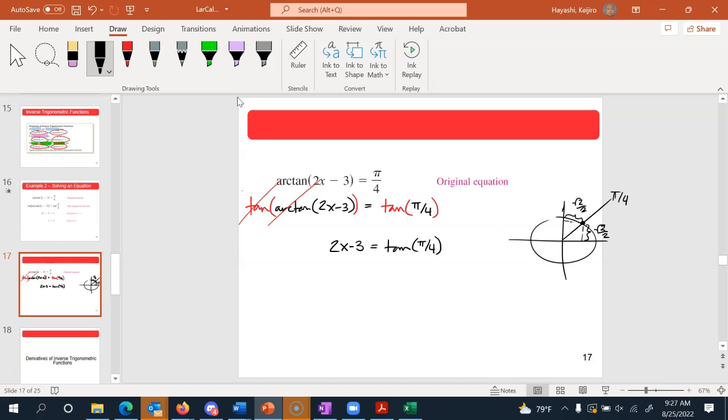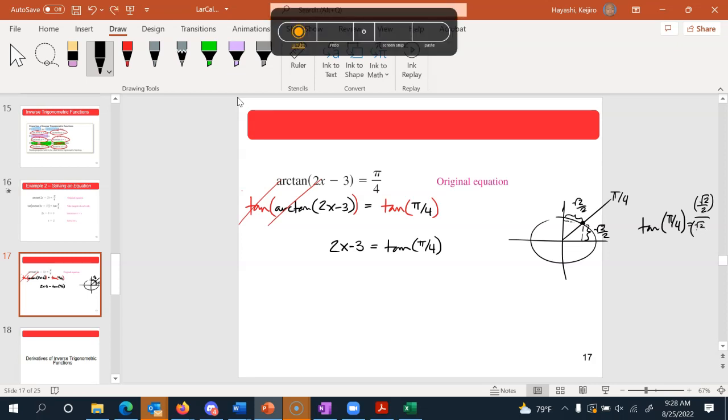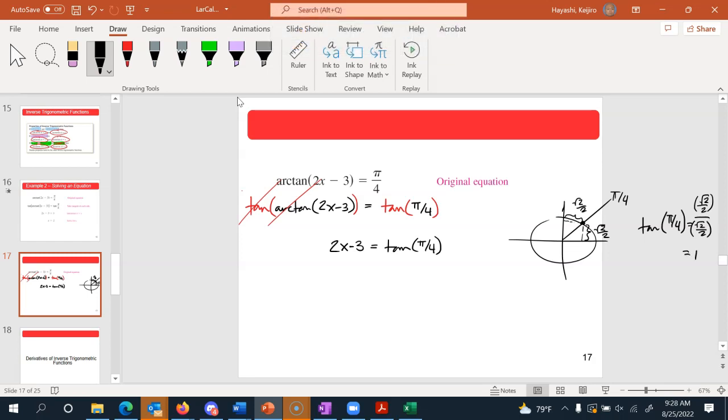So its tangent is square root of 2 over 2 over square root of 2 over 2, so 1. So tangent of pi over 4 is 1.